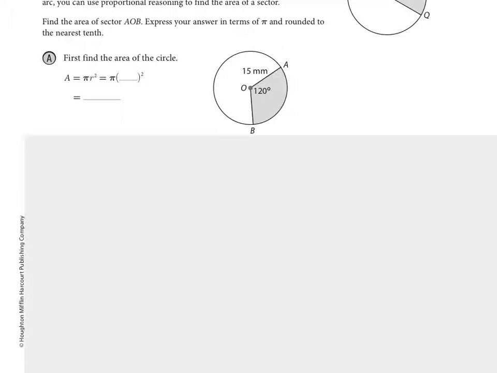So the entire circle's area is pi times r squared, and the entire circle has 360 degrees. We can compare that to the area of the sector, knowing that the sector has some specified degree measure, which we can call the central angle, because that tells us how much of the circle we're really talking about.